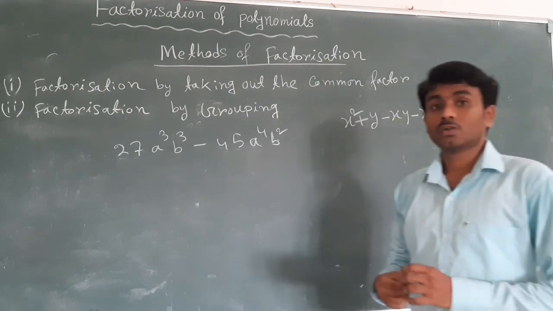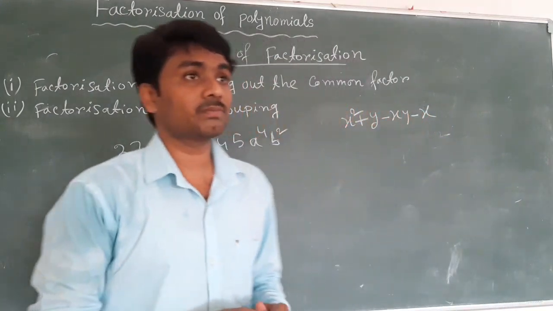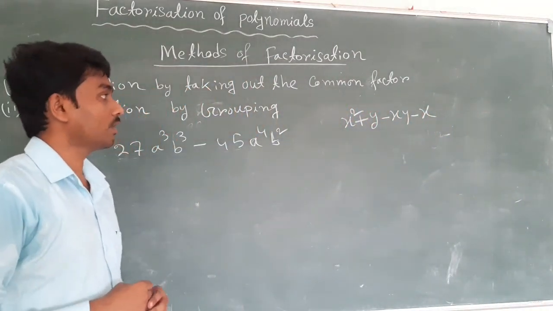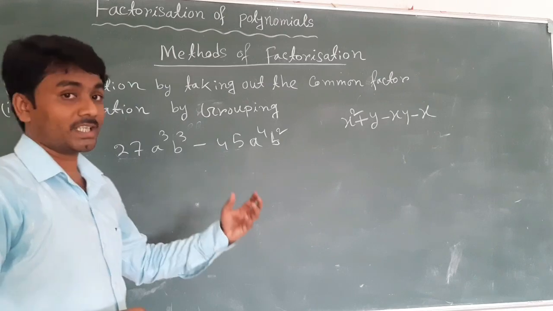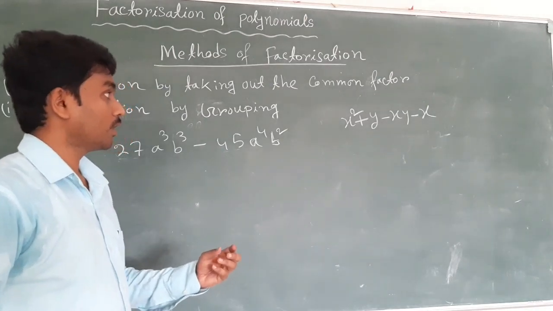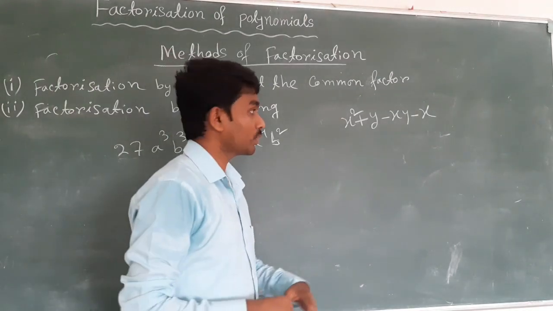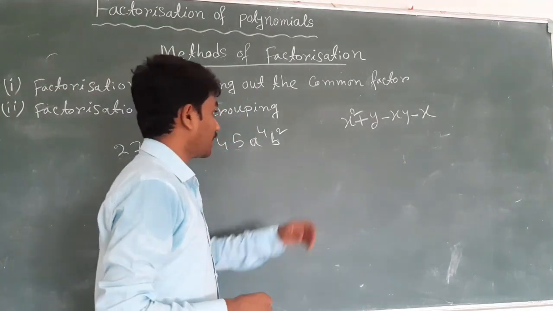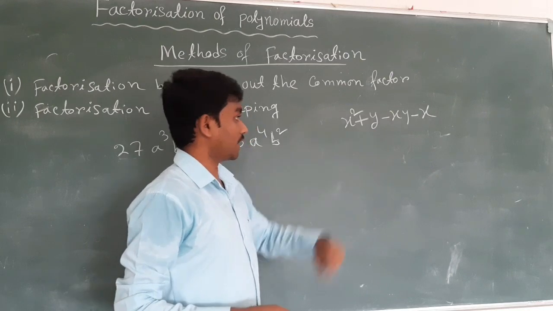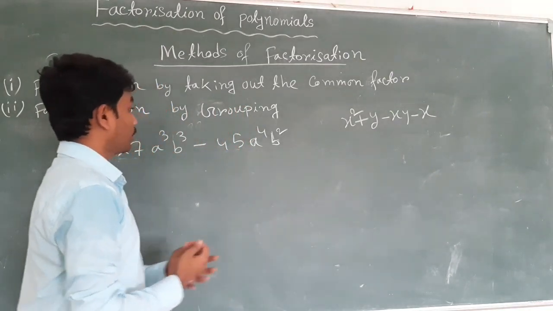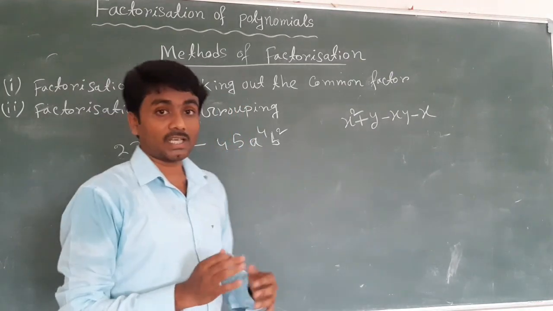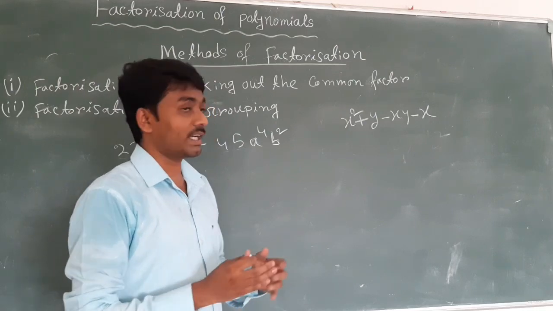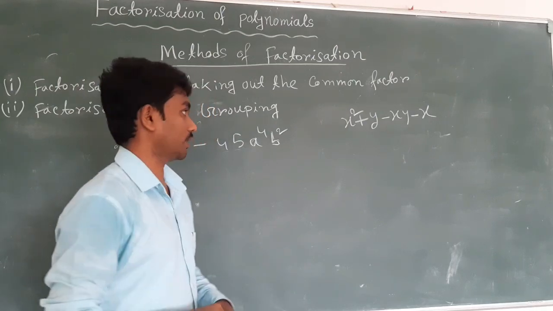So sometimes it is not possible to take out a common factor directly. So we have to arrange the terms of the given polynomial in such a way that we may have a common factor.